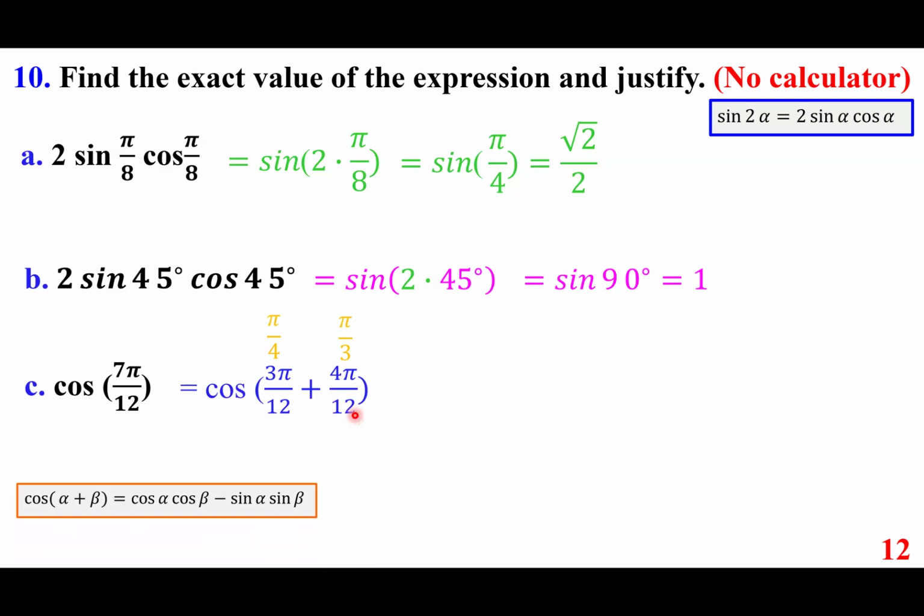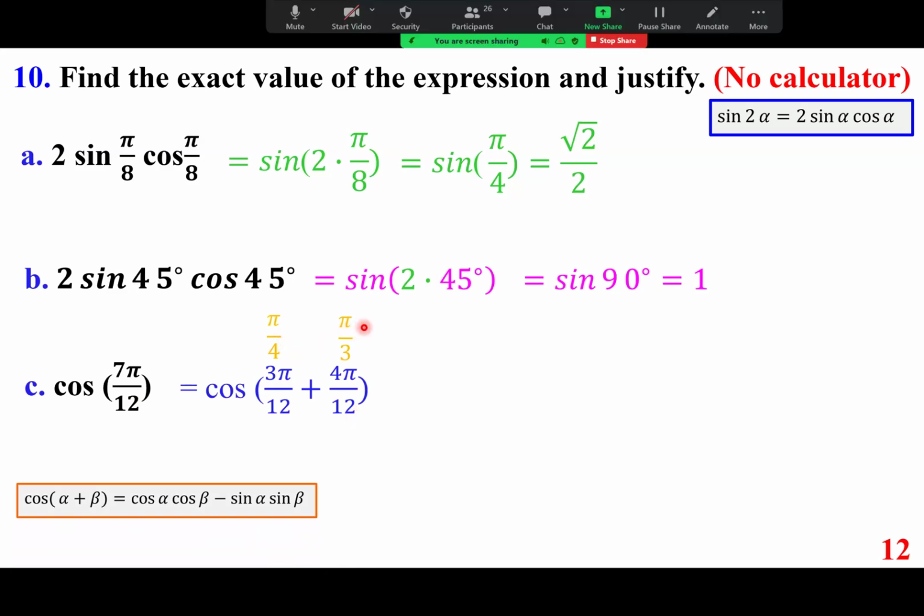So cosine of pi over 4, cosine of pi over 3 minus sine of pi over 4, sine of pi over 3 according to the sum formula.